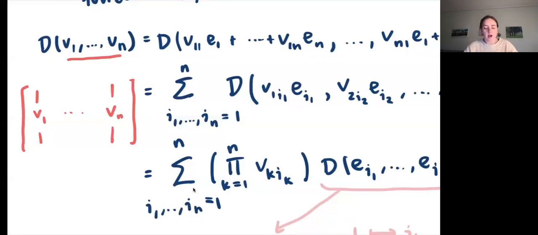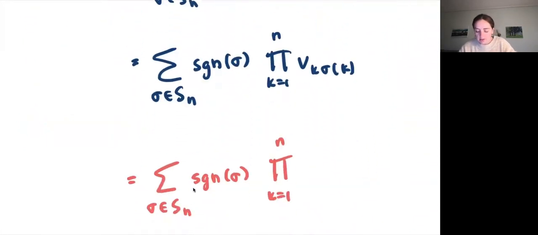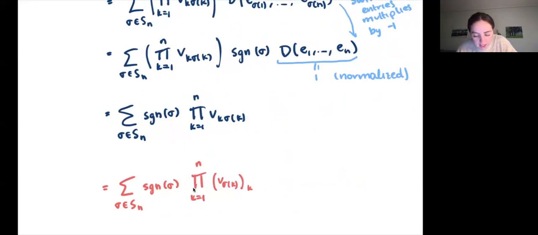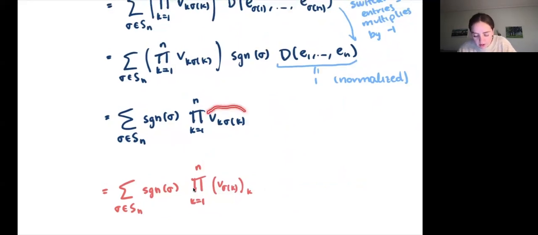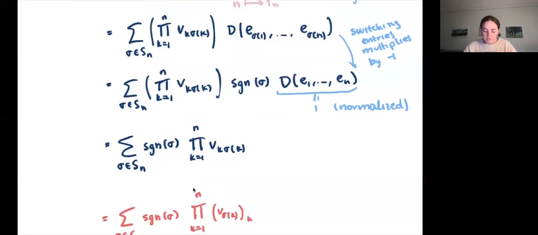Then the determinant will look at the ith row and the sigma of ith column. So I'll take the sigma of kth v, and I'm looking at the kth entry of that. And is that equal to what I called v_k sigma?